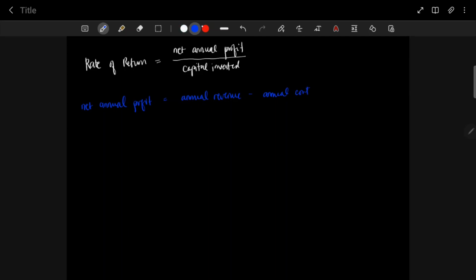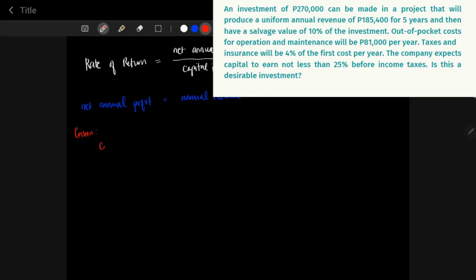Let's first write all the givens in the problem. The capital investment, or the initial investment, is equal to 270,000 pesos. The annual revenue is equal to 185,400 for 5 years.